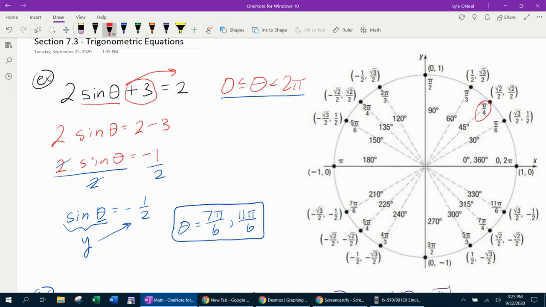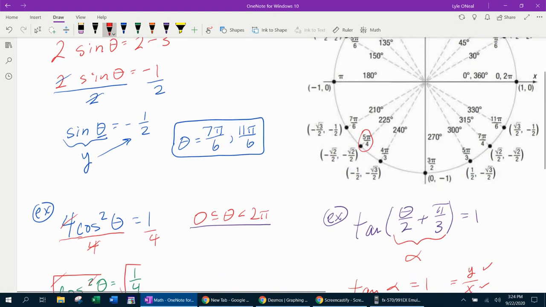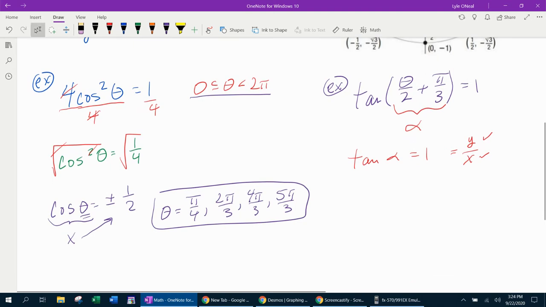Well, that's going to be pi over 4 and 5 pi over 4. And so here we can say alpha is pi over 4 or alpha is 5 pi over 4.